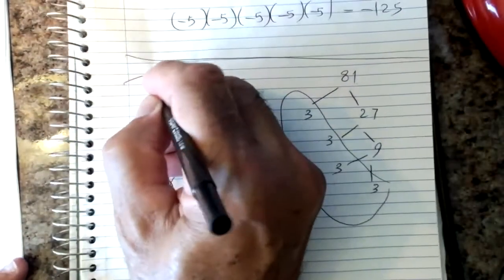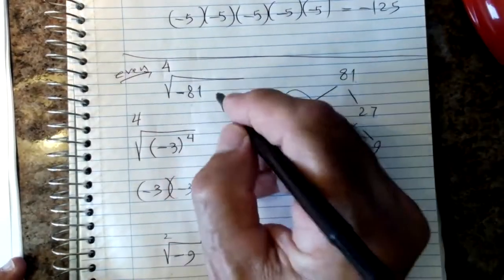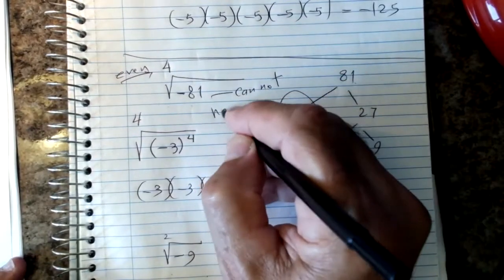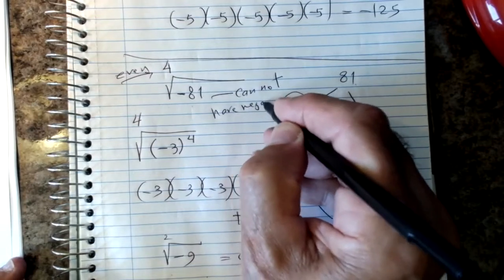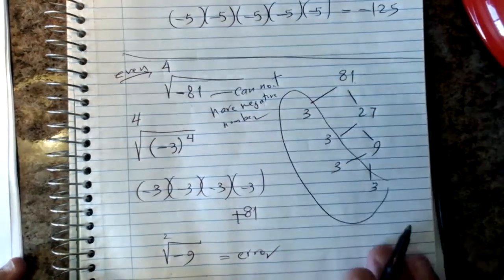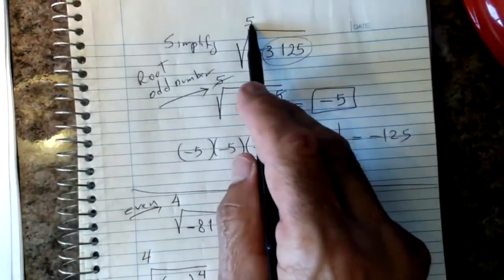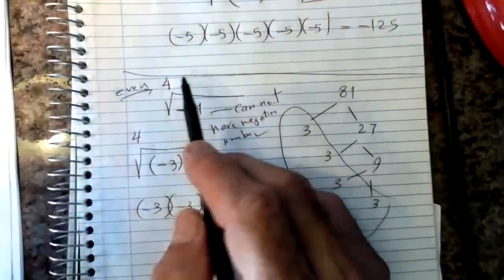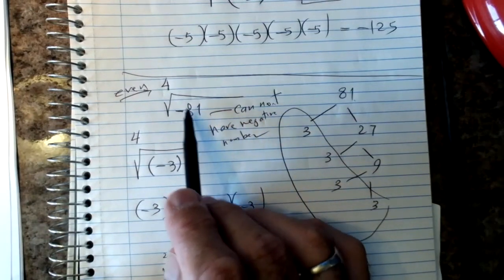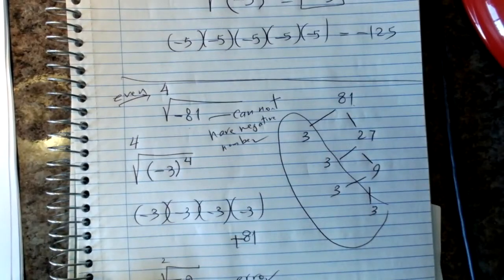If the root is even number, you cannot have a negative number under it, okay? And the calculator would tell you that. If the root is odd, it's okay, but not the even. If the root is even, why does the calculator give you the error? Because you cannot have the negative number if the root is even.